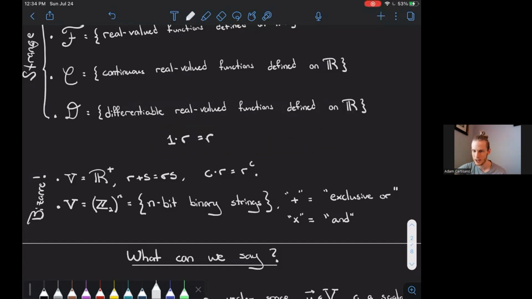You can check the laws of the distributive property and associative property, that all hold. And so in other words, 100% of the theory that we've developed so far in this class works with this vector space. It's bizarre, like I said.